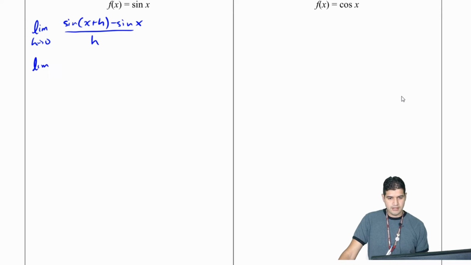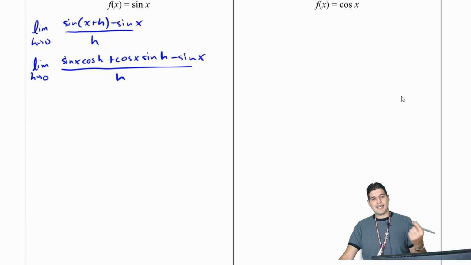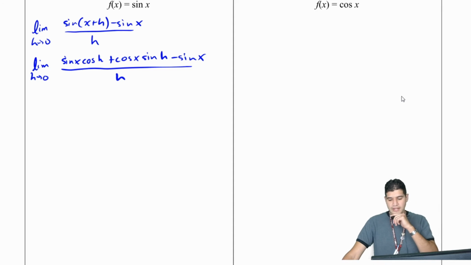So the limit as h approaches 0 of sine of x cosine of h plus cosine of x sine of h minus sine of x all over h. Okay, so using that identity, I'm going to rewrite this.